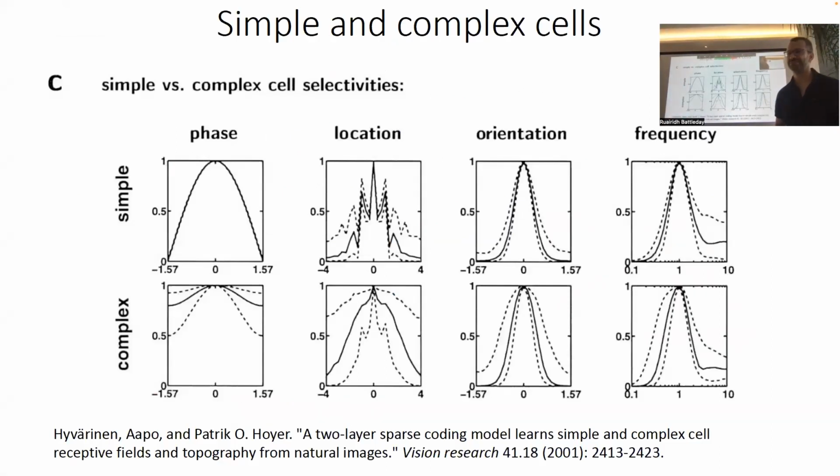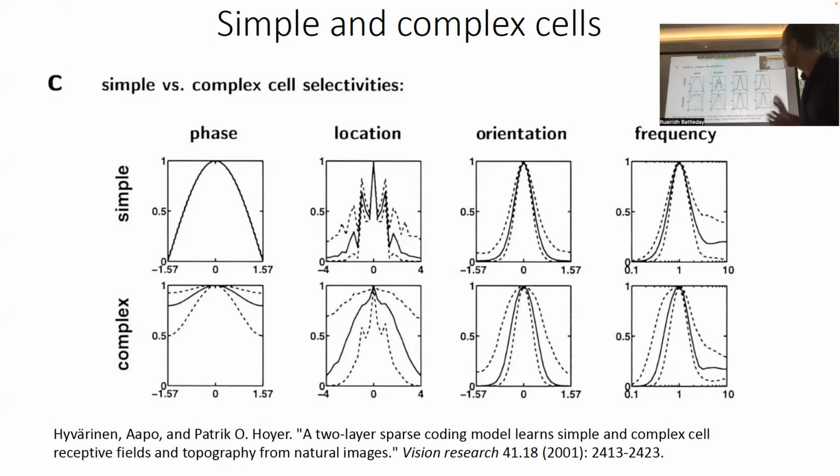So this is a figure from one of our presenters that shows the response properties of simple cells in V1 and complex cells in V1. In the first row, we see simple cell response. And if you look at the third column, you see the response of a neuron.